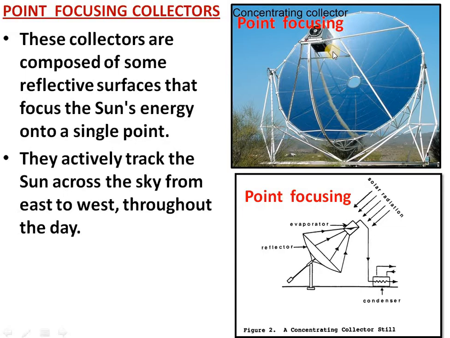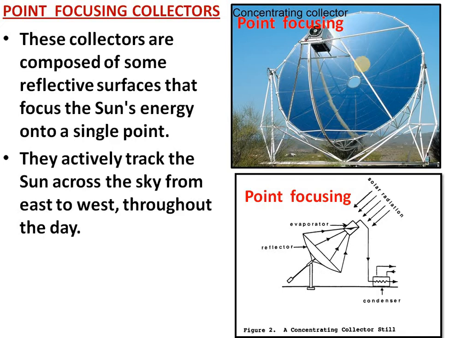So in fact, this will be connected with a sensor, an electronic sensor. Electronic sensor will sense the position of the sun. Accordingly, using an externally driven motor, this dish is moved from morning to evening, so that it always gets the maximum sunlight. Understand? Maximum sunlight.